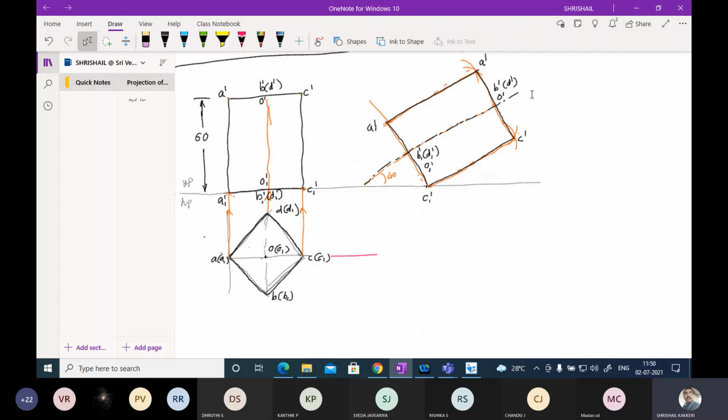Please write yourself. This particular portion, please write it yourself, by using your pen and pencil.